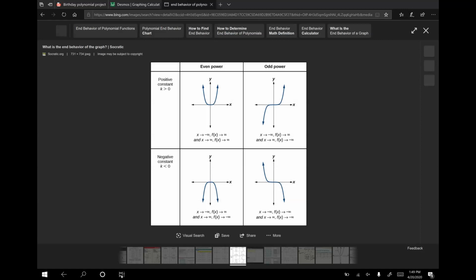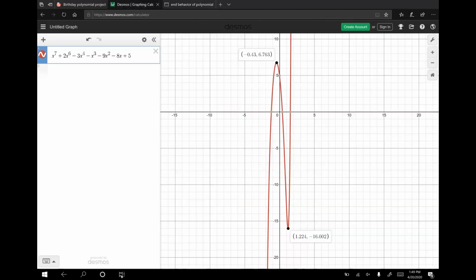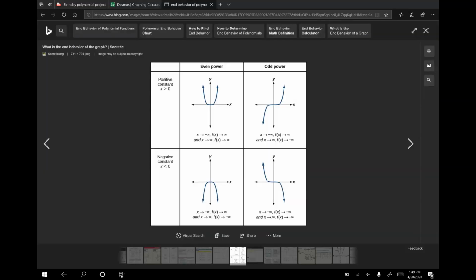Here's a good one. All right, so end behavior is right here. Now, if you look at my polynomial, it is over here going down. So it's in the bottom left, and then it ends in the top right. So I want to find one that does the same thing.